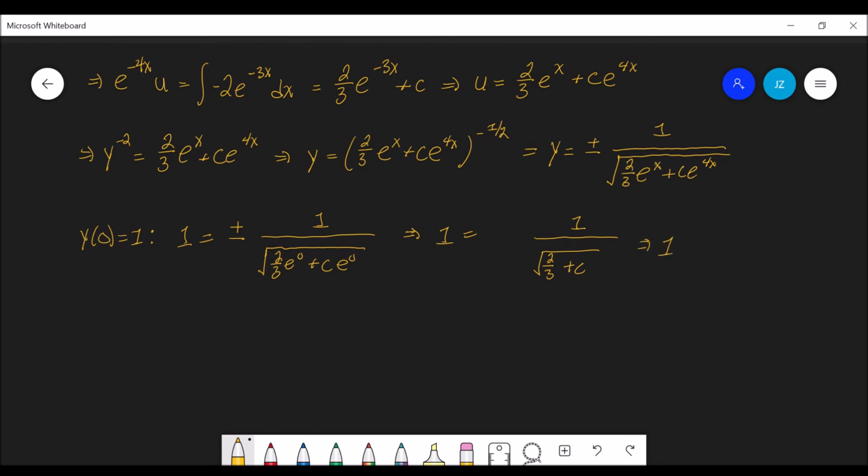This means that 1 has to be the square root of 2/3 plus c. So 1 is 2/3 plus c. This means that c has to be a third.